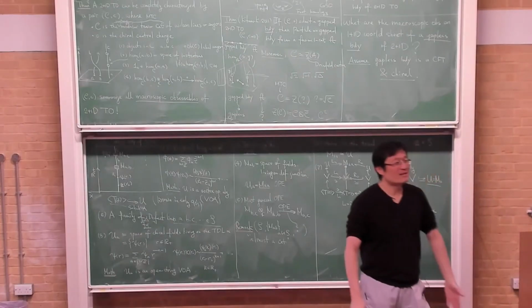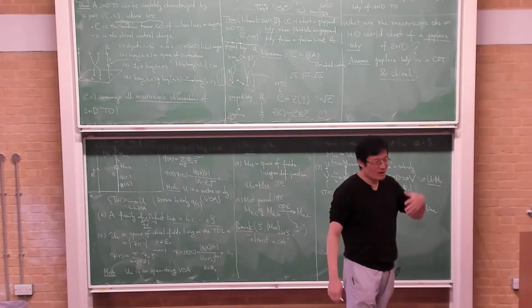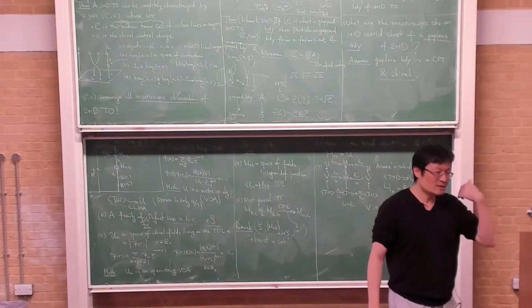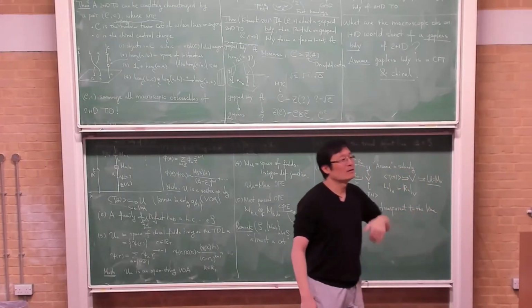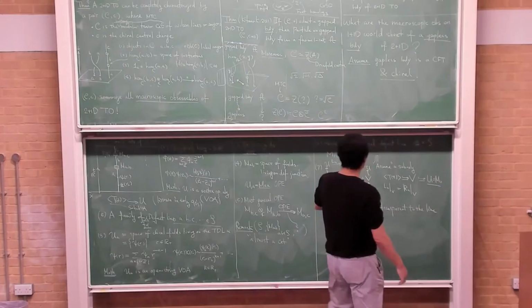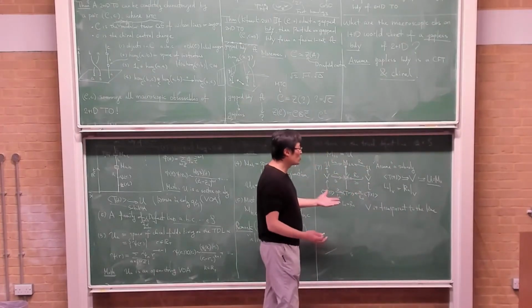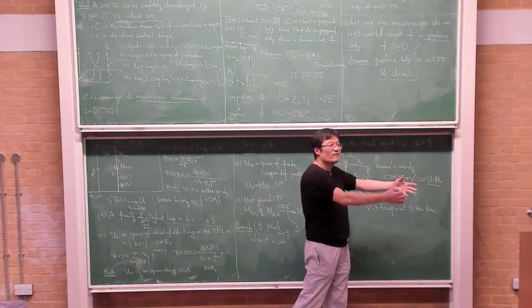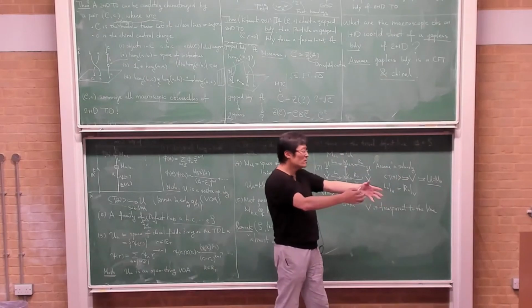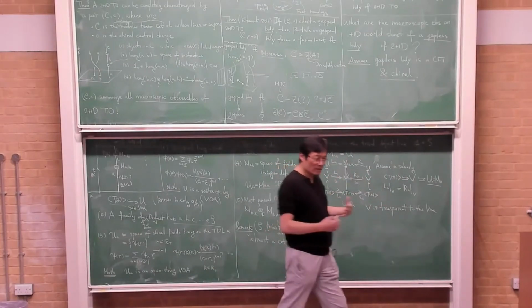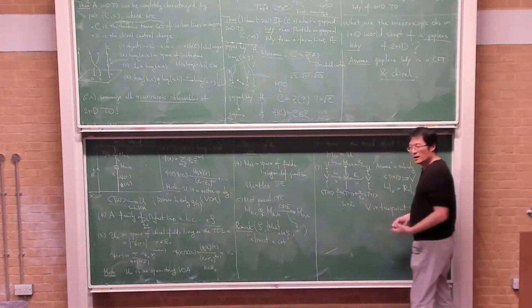Yes, that makes sense. If you fix a line, you can ask what is the maximum V that makes this condition satisfied. Either you can fix a set of TDLs, topological defect lines, or you fix a V. You will see how these two interplay in the future.